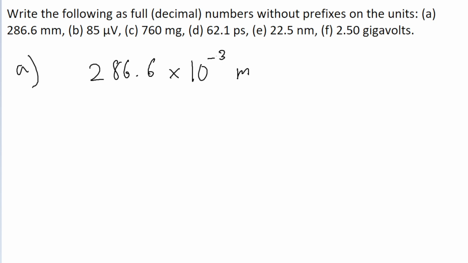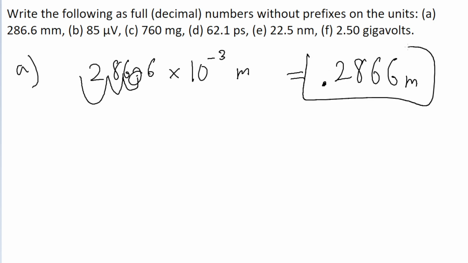So because our power of 10 is negative 3, then we're going to take the decimal point and move it 3 places to the left. This gives us a measurement where the decimal point is right to the left of the 2. So that is 0.2866 meters. And that is the answer to part A of the problem.